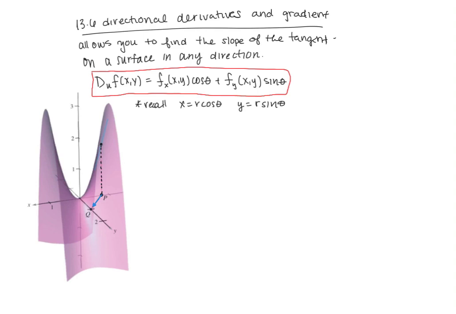But the surface is in x, y, and z. The vector is only in terms of x and y. And we go up to the point we care about, and the tangent line is going to go in the same direction as the vector was going. So they're not going to be parallel, but if this arrow was pointing kind of, let's call that southwest for lack of a better term, then our tangent line is going to be going southwest.